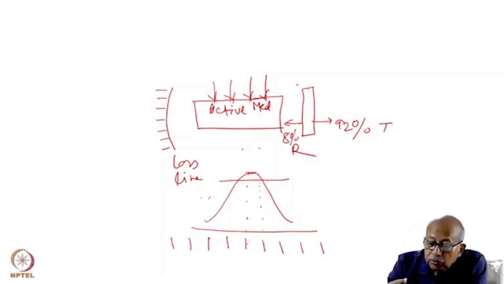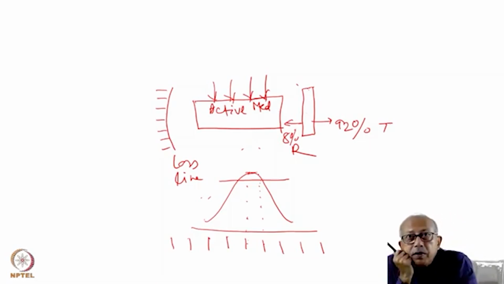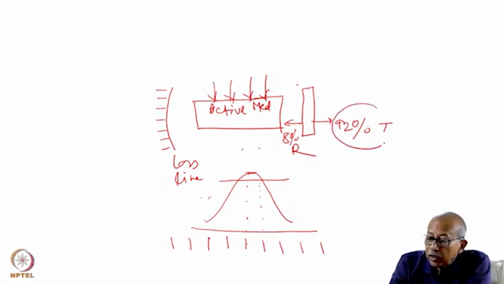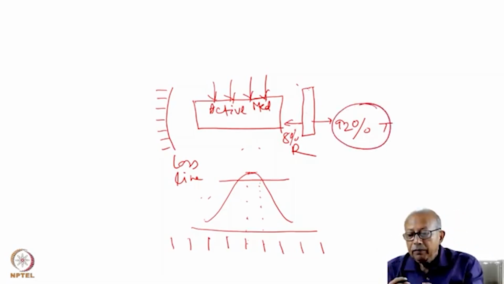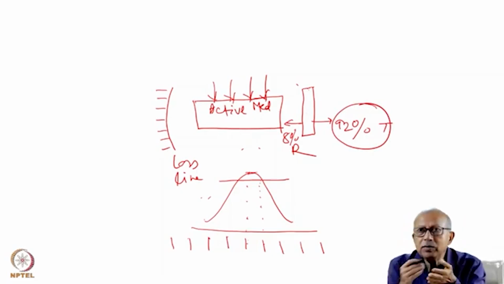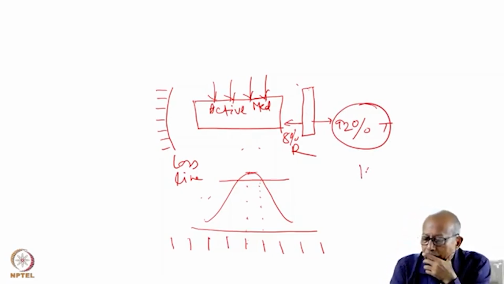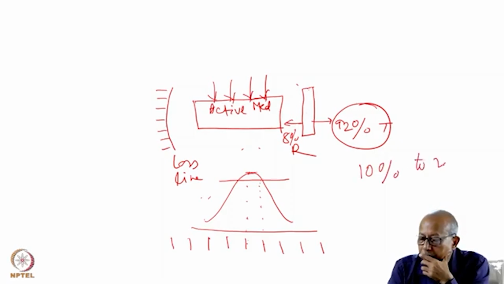You will have to reduce the loss of the cavity. That means you will have to increase the transmission of the cavity. Typically, the transmission loss generally is kept, say, between 10% to 20% or even less.